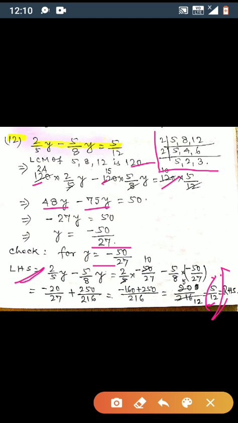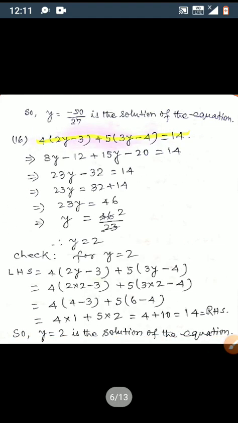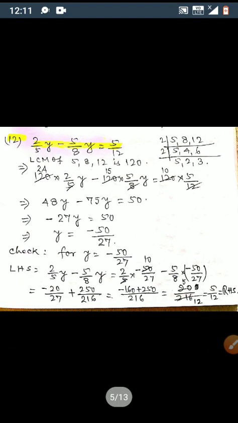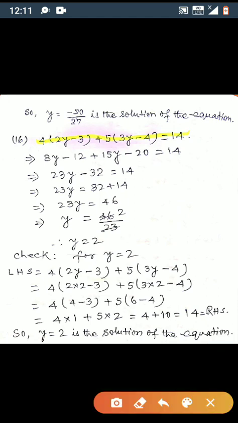So 20 multiplied by 8 equal to 160. It can be written as minus 160 plus 250 equal to 90 by 216. Now here 18 is a common factor. HCF of numerator and denominator is 18. So 18 times 5 is 90, and 216 divided by 18, the quotient is 12, equal to 5 by 12. So LHS equal to RHS. So y equal to minus 50 by 27 is the solution of the equation.